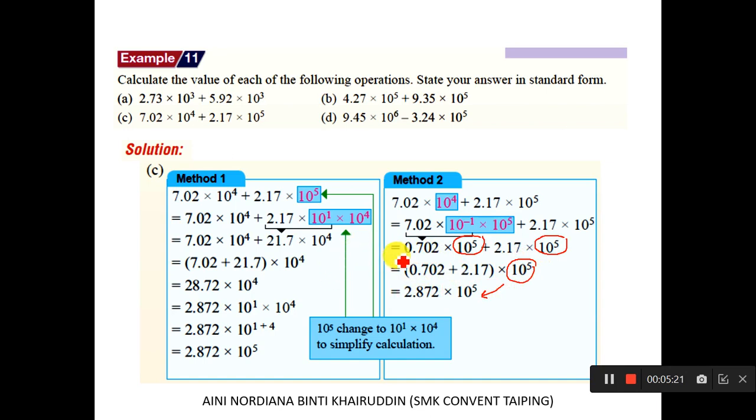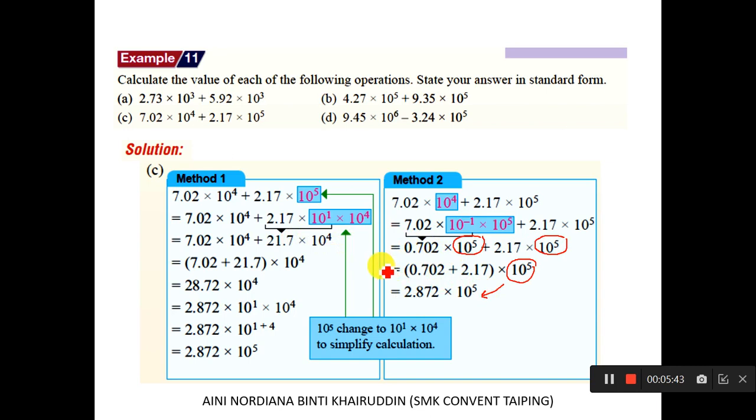As we compare these two methods, the first method is a long way to solve, but the second method only takes a few steps to get the final answer. So it is up to you which method you prefer.